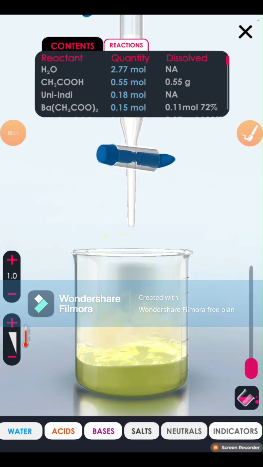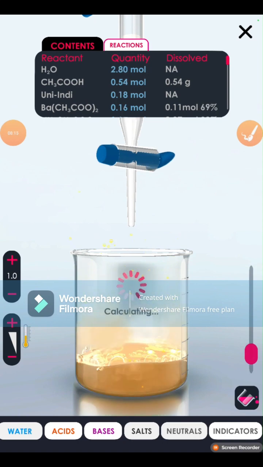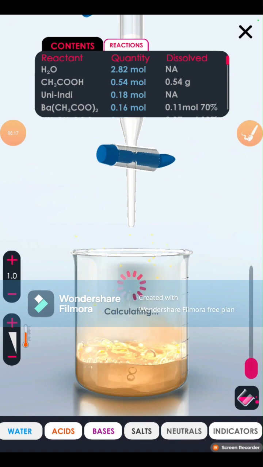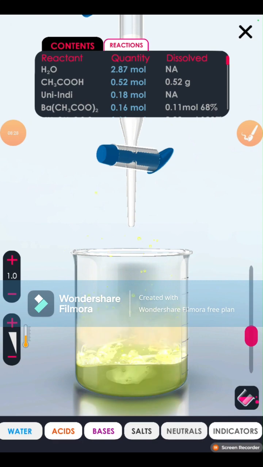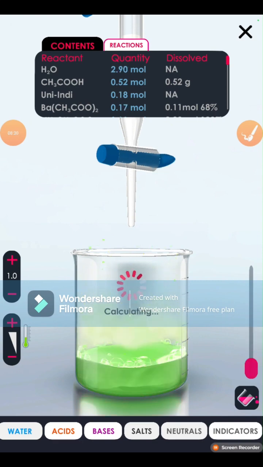So, as you can see, it has got greener, and it was there for some time. Let's put it over here. As you can see, temperature is rising over here. It's getting red. And more. Yes, you can see over here, it got perfectly greener.